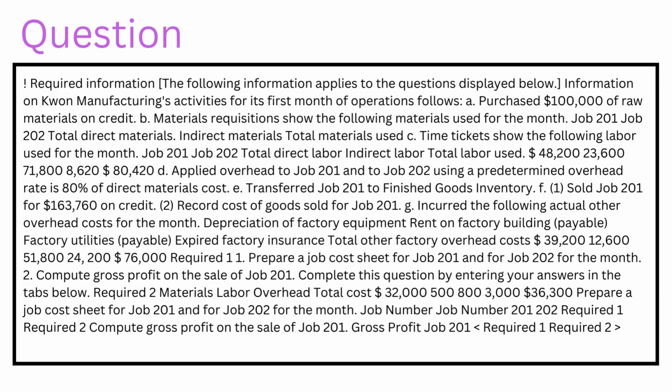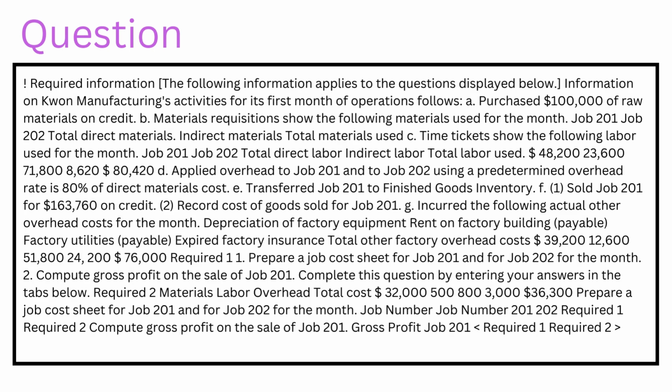G. Incurred the following actual other overhead costs for the month: depreciation of factory equipment, rent on factory building payable, factory utilities payable, expired factory insurance. Total other factory overhead costs: $39,200, $12,600, $51,800, $24,200, $76,000.